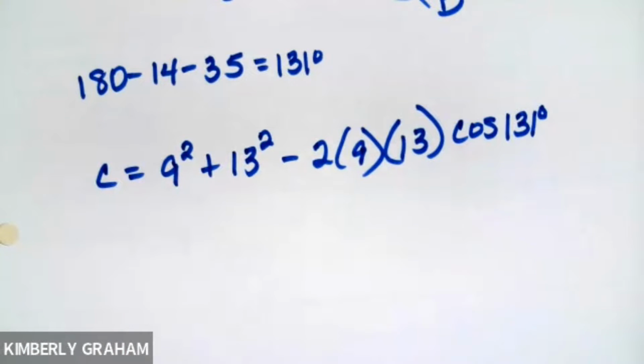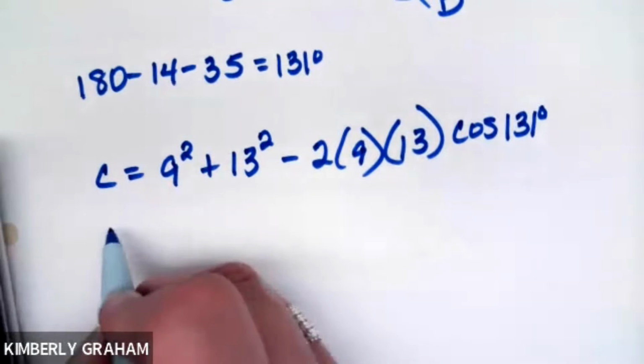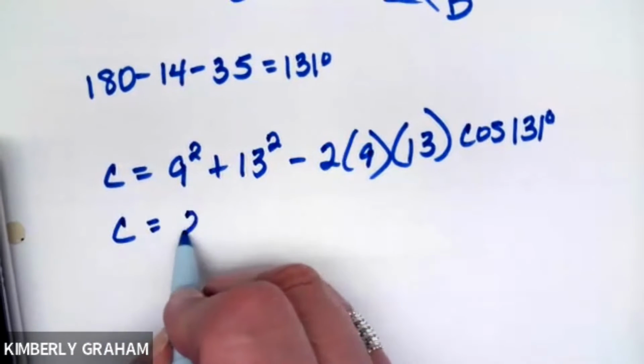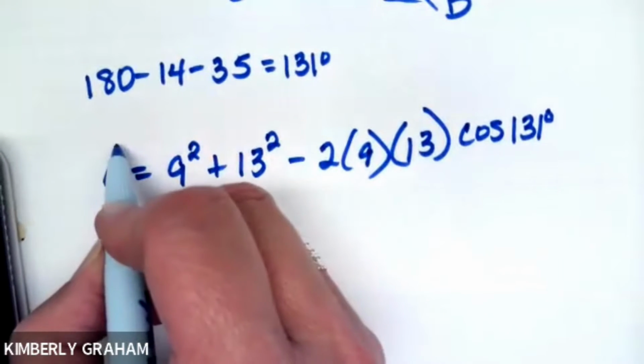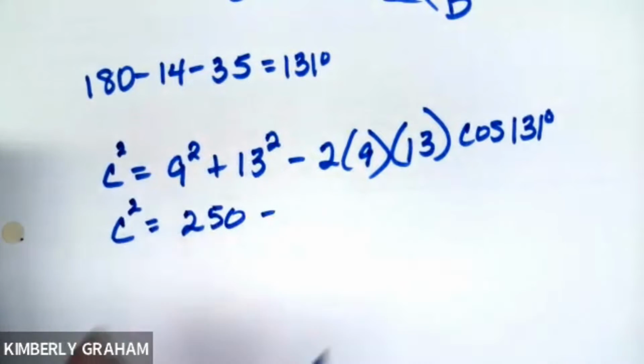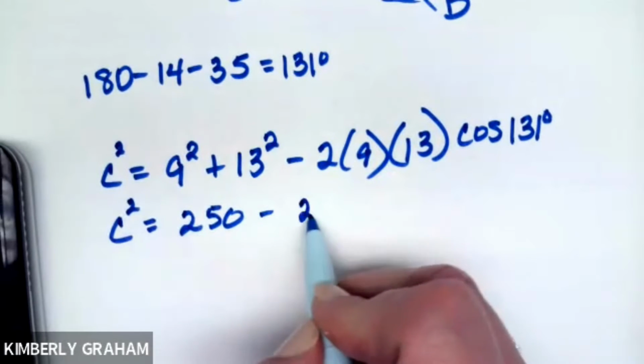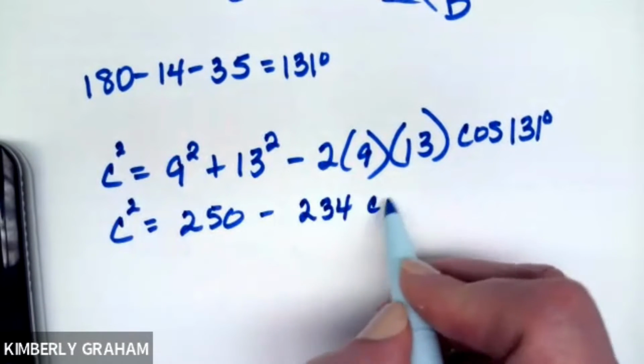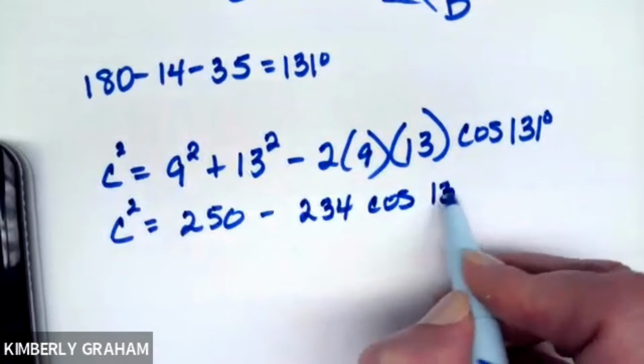So 9 squared plus 13 squared is 250. This is C squared. Sorry about that. C squared equals 250 minus 2 times 9 times 13, 234, cosine of 131.